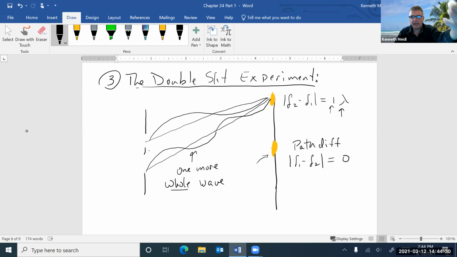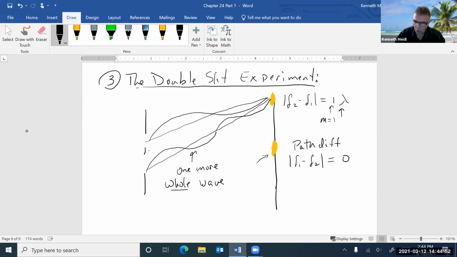If you go to the next bright spot up, then the path that is longer, it'll have two whole waves fitting into that extra path difference. And see that, right? That one right there, that's M. So M equals one.